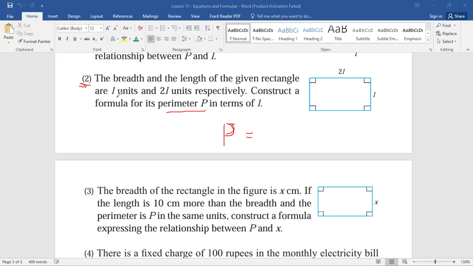So what I have done here, you should understand. A plus A, apple plus apple, 2 apples. This is 2L and 1L.